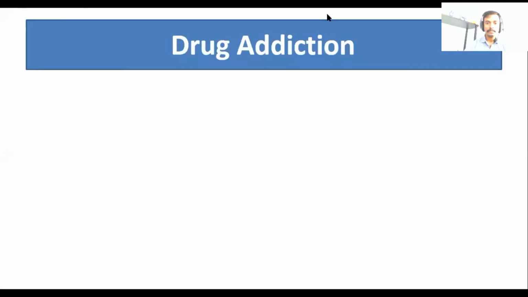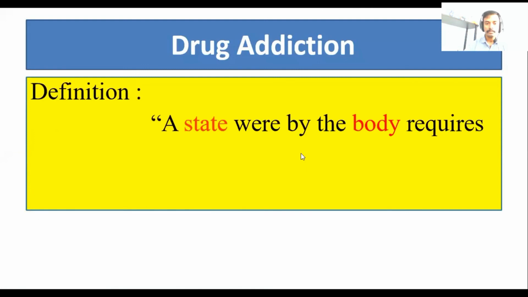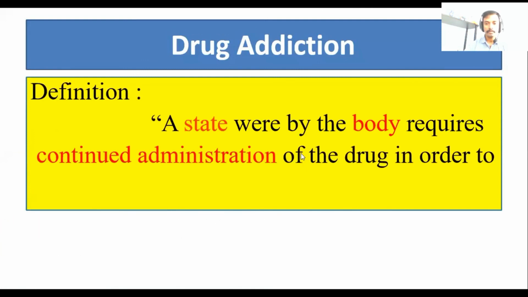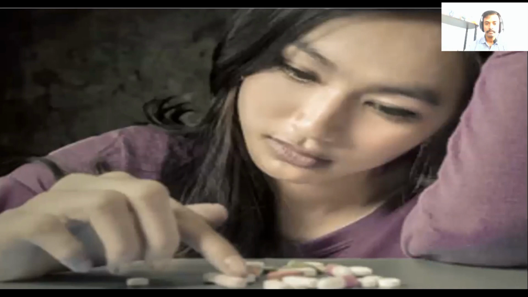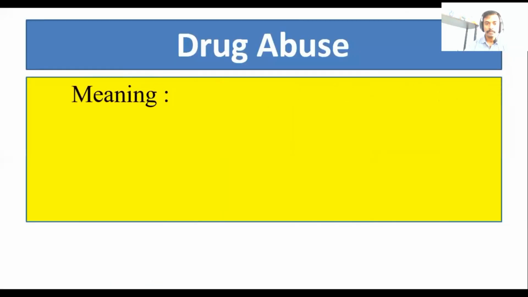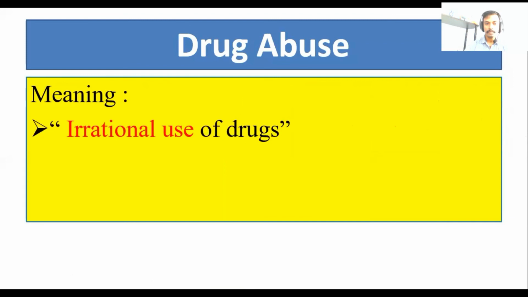Next, drug addiction. Definition: a state in which the body requires continued administration of drugs in order to function, as we have learned. Without drugs a person finds it difficult to live. That condition is called drug addiction. Normally, look at this: drugs, drug abuse. Abuse means misuse of drugs or irrational use of drugs.